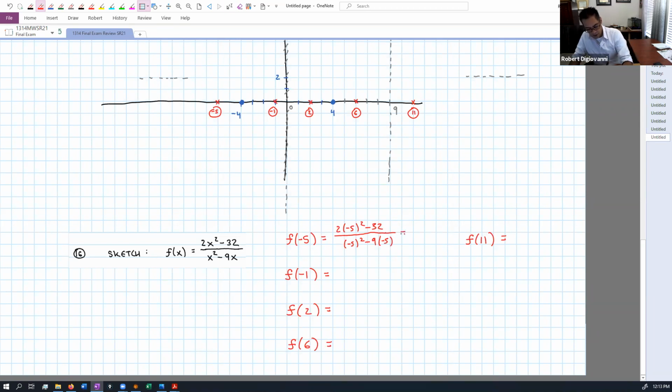All right, this is kind of tedious, but -5 squared is 25. 25 times 2 is 50. So we get 50 minus 32. On the bottom, -5 squared is 25, and then negative times negative would be positive 45. I can see right away that this is a positive number on top and a positive on the bottom. So positive and positive together gives me positive.